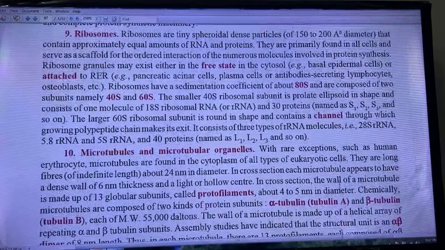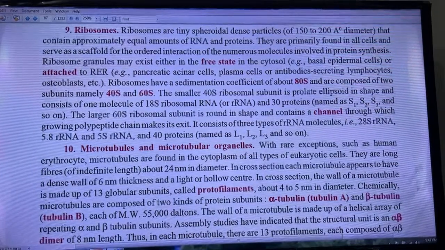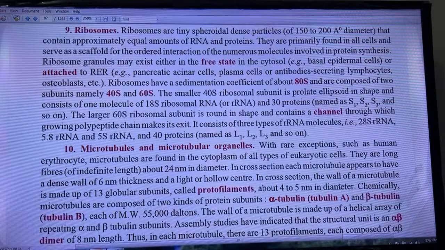Ribosomes. Ribosomes are tiny, spheroidal, dense particles of 150 to 200 angstrom diameter that contain approximately equal amounts of RNA and protein. They are found in all cells and serve as a scaffold for the ordered interaction of the numerous molecules involved in protein synthesis.